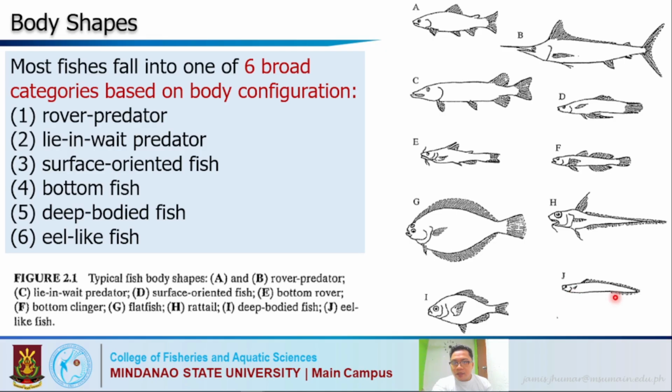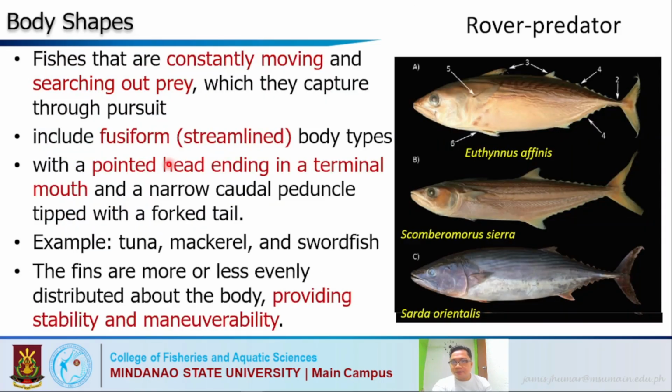And then J are eel-like fish like hagfish, lampreys, eels, and etc. So those are the different body shapes with respect to the body configurations of the fish, based also on their adaptations in their distribution in the aquatic environment.